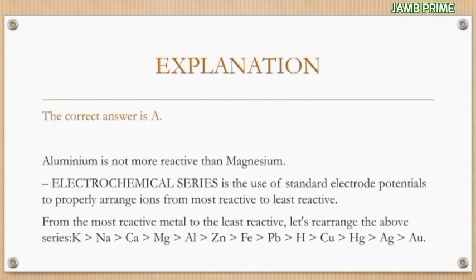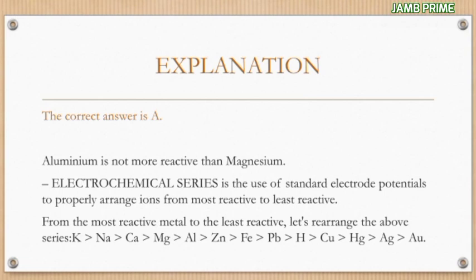The electrochemical series uses standard electrode potentials to arrange ions from most reactive to least reactive: potassium, sodium, calcium, magnesium, aluminium, zinc, iron, tin, lead, hydrogen, copper, mercury, silver, before gold.